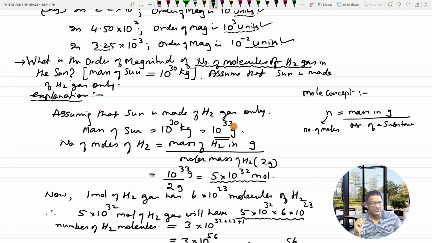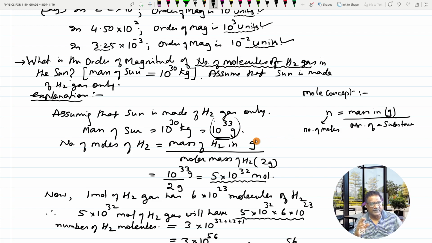So mass of the sun is 10 raised to 30 kg. Now in this formula you can see number of moles N is equal to mass in gram. So we need the mass in grams, not in kg. So what I'll do, this mass of the sun, which is 10 raised to 30 kg, I'll convert it into gram. So it will be 10 raised to 33 grams. So this is that mass I'm interested in.